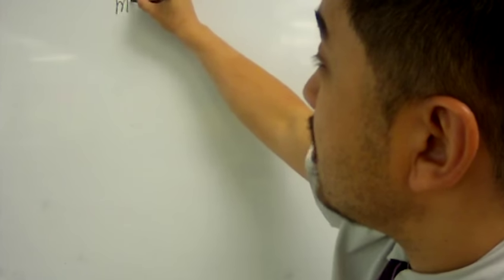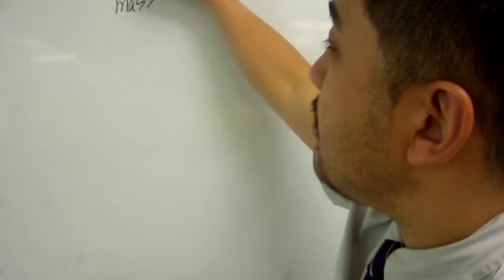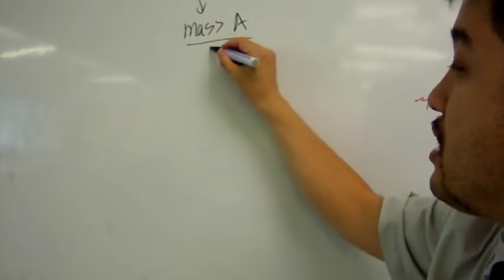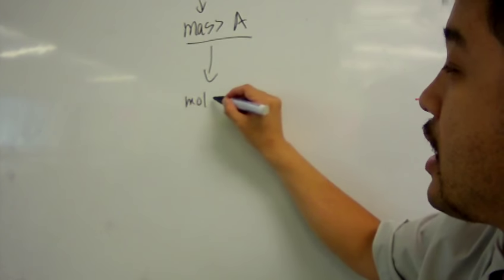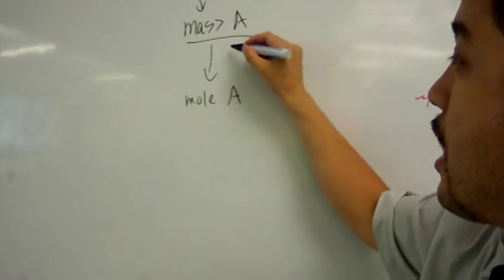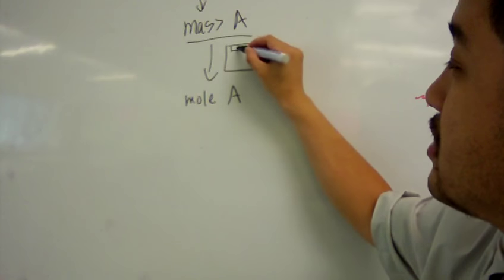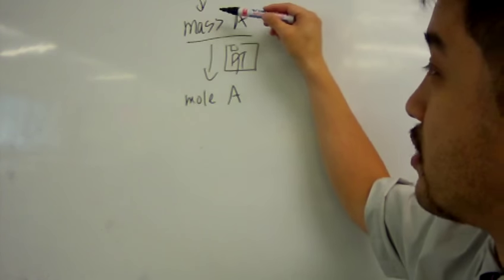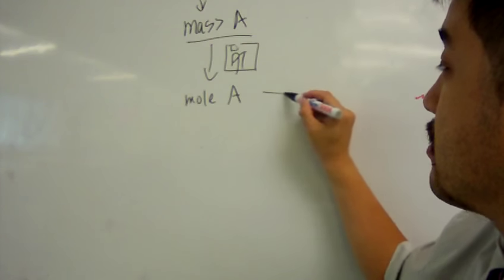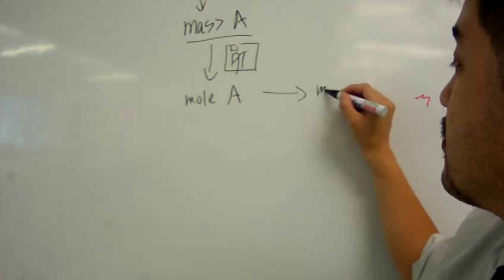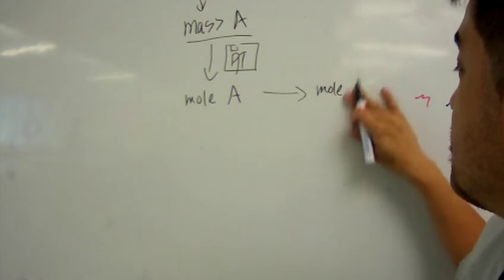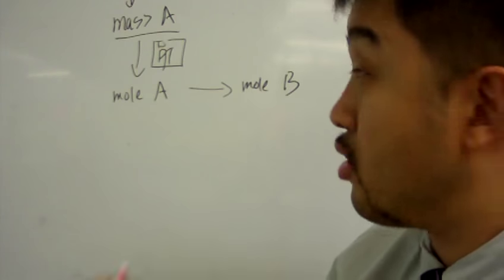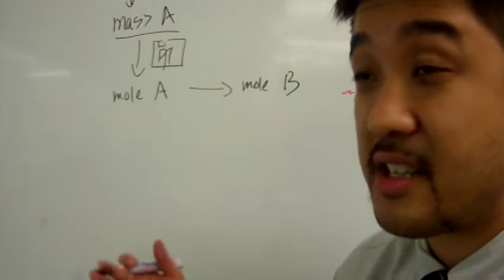So, conceptually, if we're given the mass of A, mass of substance A, we need to figure out the moles of that substance A. And we do that by using the periodic table to convert from mass to moles. And then we need to convert the moles of the substance A to the moles of substance B. Okay, so whether this B is the other reactant or the product, it doesn't really matter.